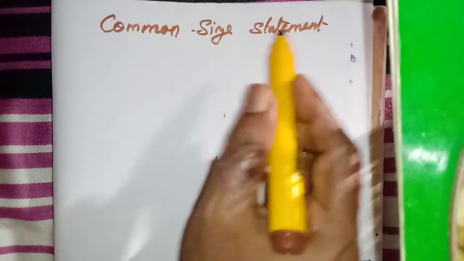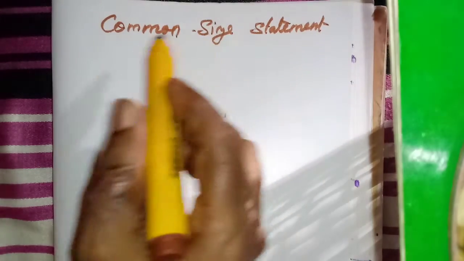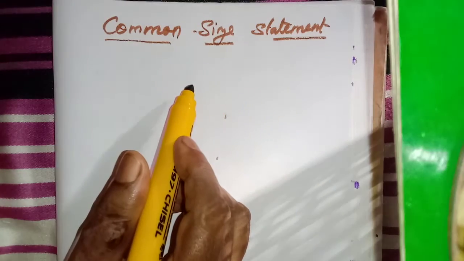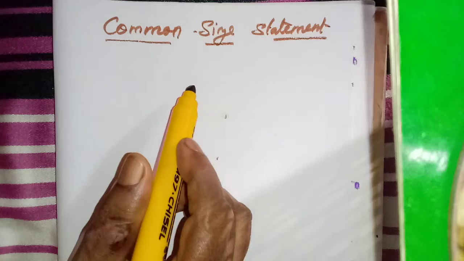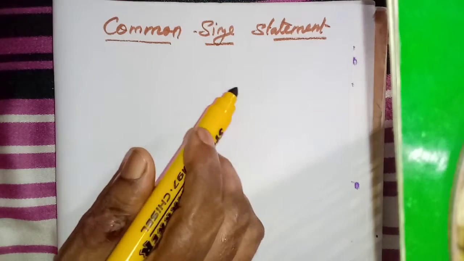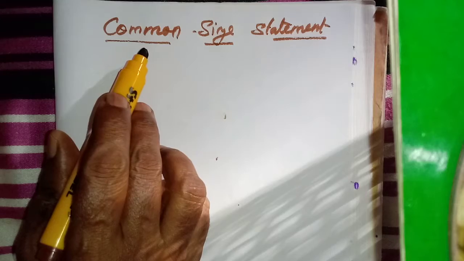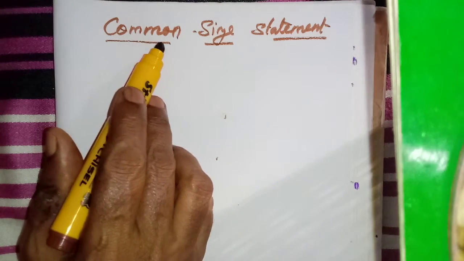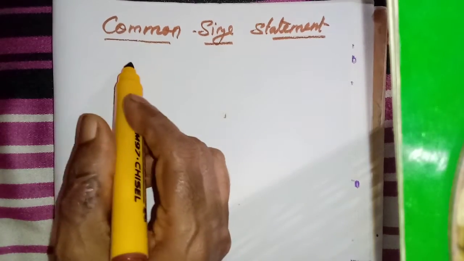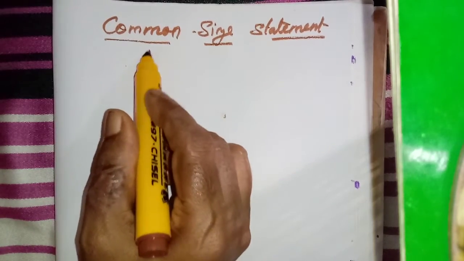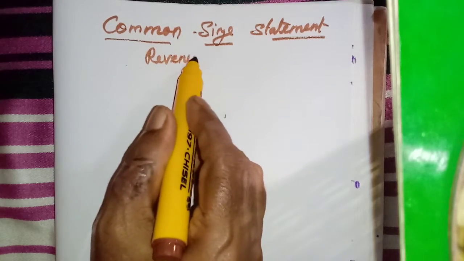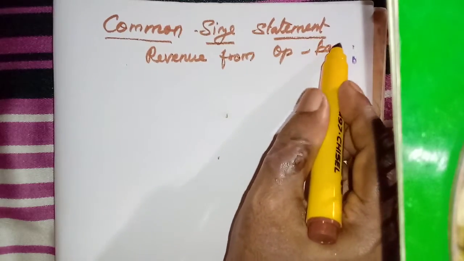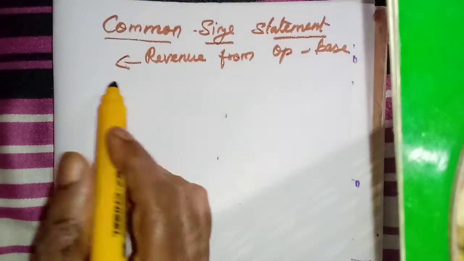Common size statement in financial statement analysis. So what is this common size statement? Here we take any one item or transaction as the common base, as 100. For example, in the income statement we take revenue from operation as the base.